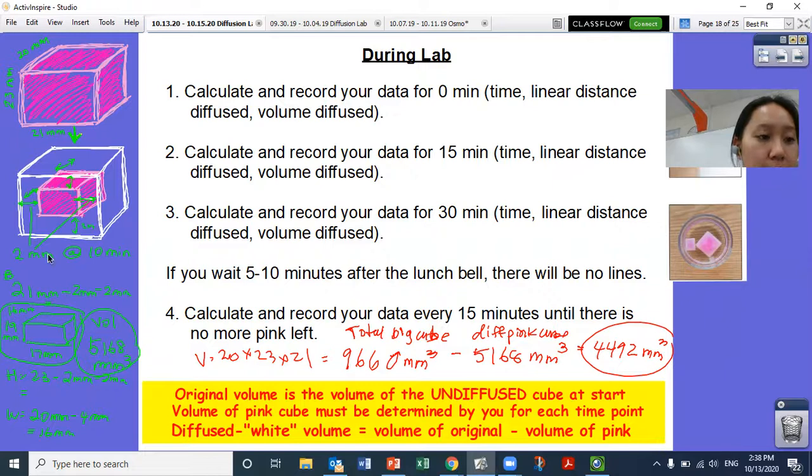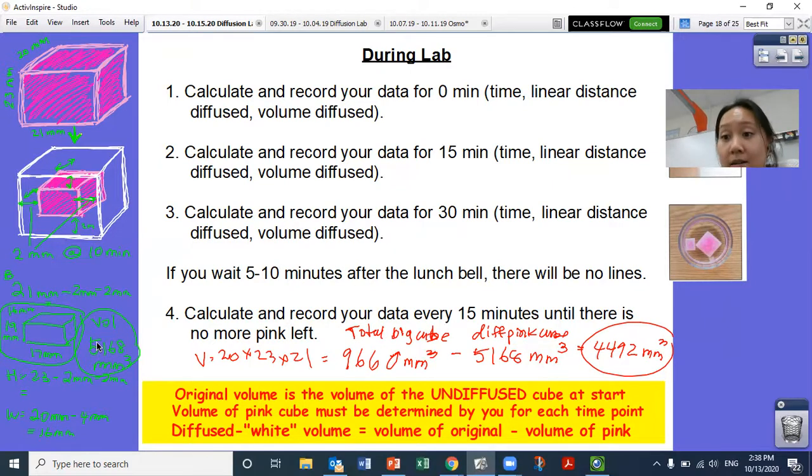And so your new base that you're going to be calculating for your pink is going to be 17 as the bottom, okay? You're going to be doing the same and subtracting 2 millimeters from either side of the height and the width, and then you're going to be calculating the volume of the pink that is left.